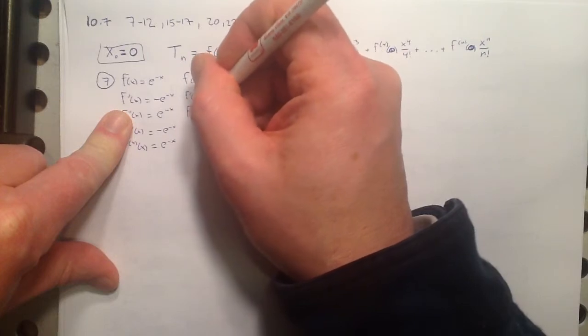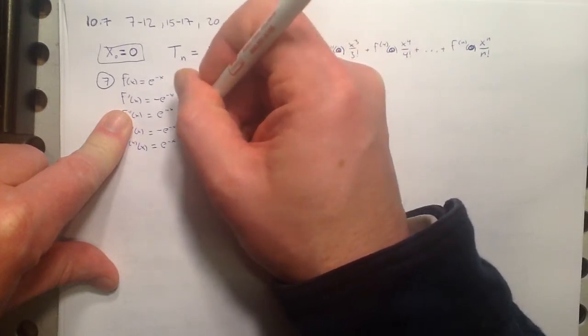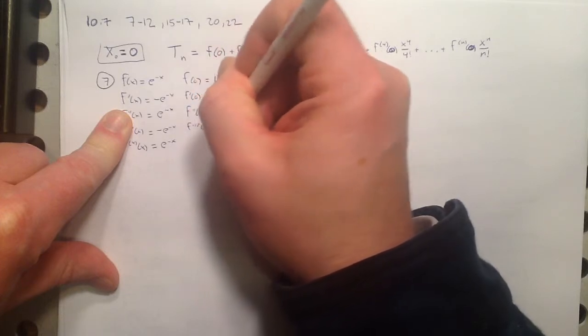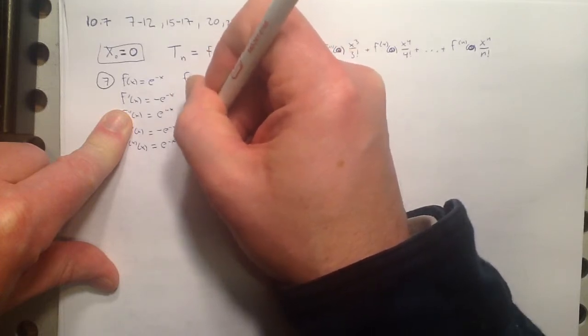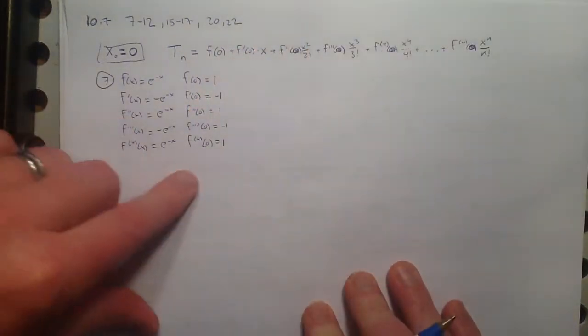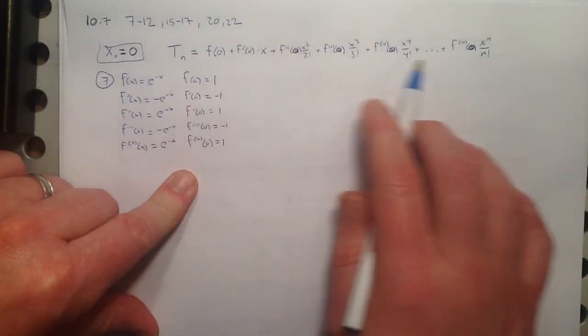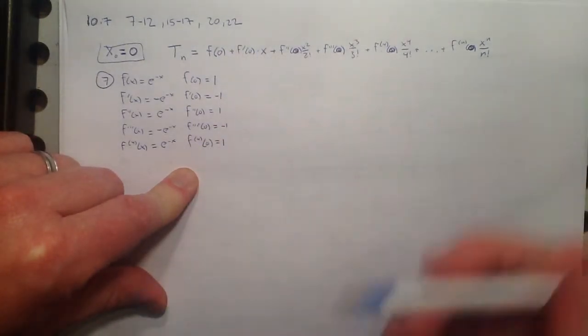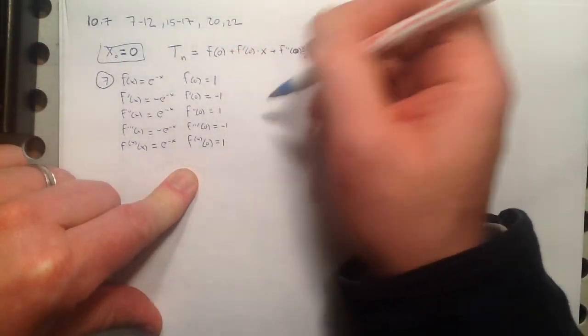And then we're back to positive 1, and then back to negative 1, and then positive 1 again. Right, so that's all my derivatives. And that's all I need. The rest of it's just the recipe here. These are the things that I need.